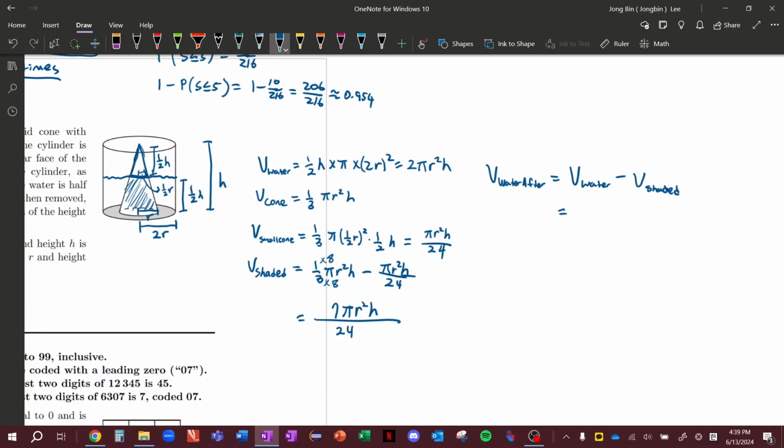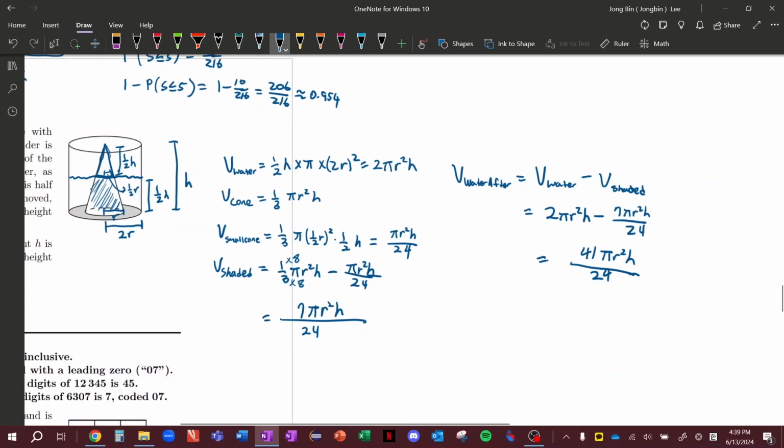So 2 pi r squared h minus 7 pi r squared h over 24. It gives us 24 as a common denominator, and in the numerator we get 48 minus 7, so 41 pi r squared h. I'm just doing calculations in my head. If you can't, then feel free to write it out. You'll get the same answer, 41 pi r squared h over 24.